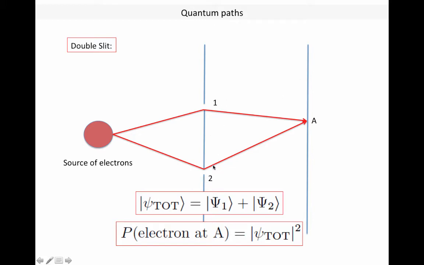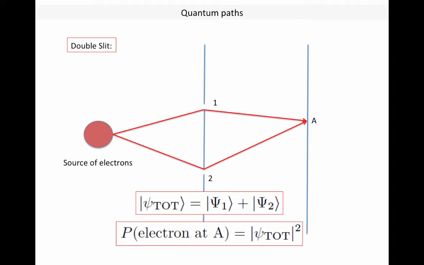And we've seen that the total wave function for an electron traveling from the source of the slits to a position A is given by a wave function that describes the path going through slit 1 plus the wave function that describes the electron going through slit 2. And the probability that we find an electron at A is then the square modulus of this wave function.